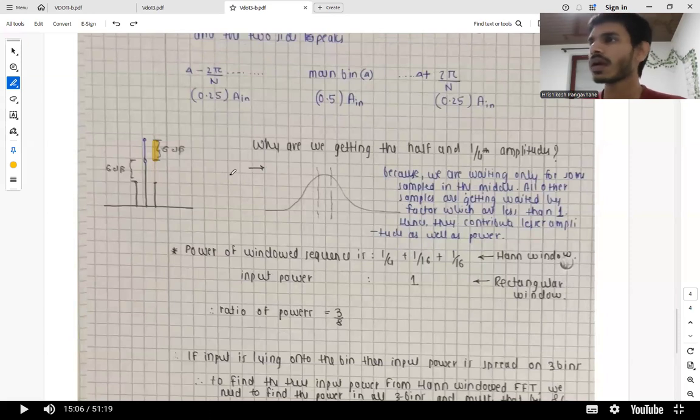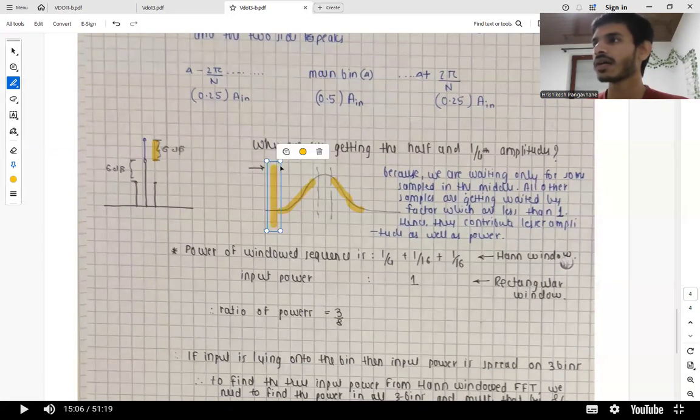So if we ask why we are getting half and 1/4 of the amplitudes: when we considered the rectangular window, we had a full peak or full amplitude responding to the input. But when we are windowing, we are weighting only the samples in the middle fully, and all other samples lying in this region and in this region are different.